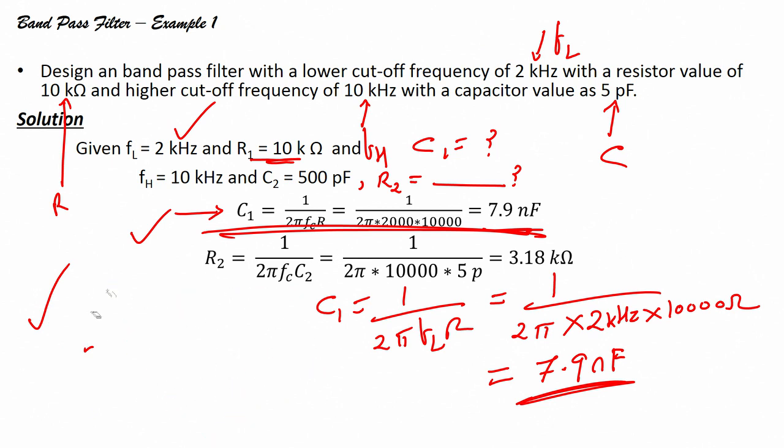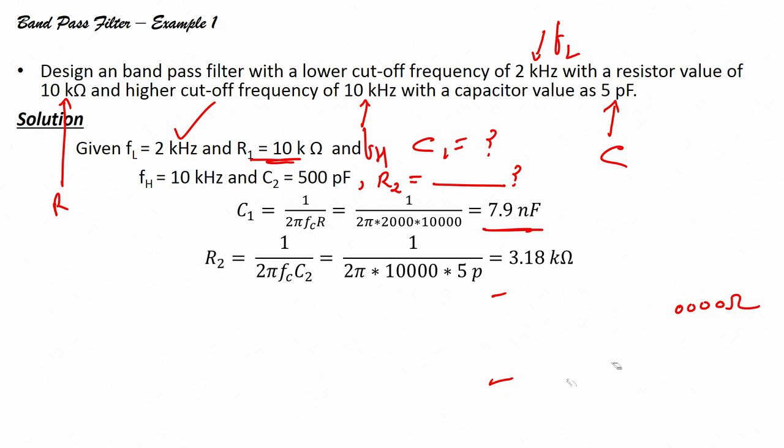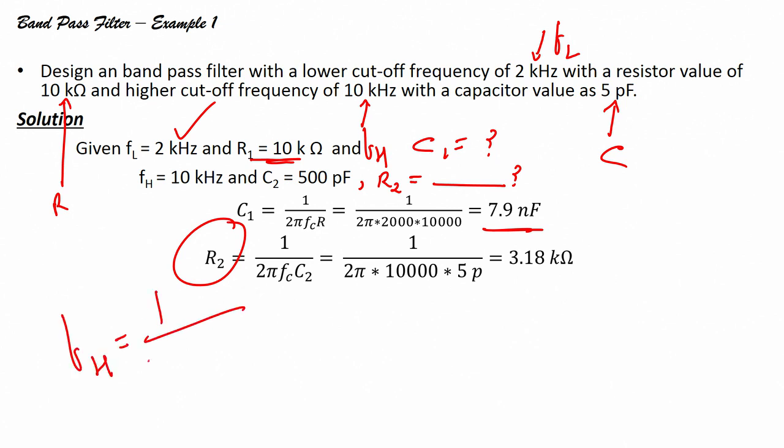Now, let us see how we can find the value of R2 using FH. FH equals 1 by 2 pi R2 C2. We have FH, we have C2, and we do not have R2.